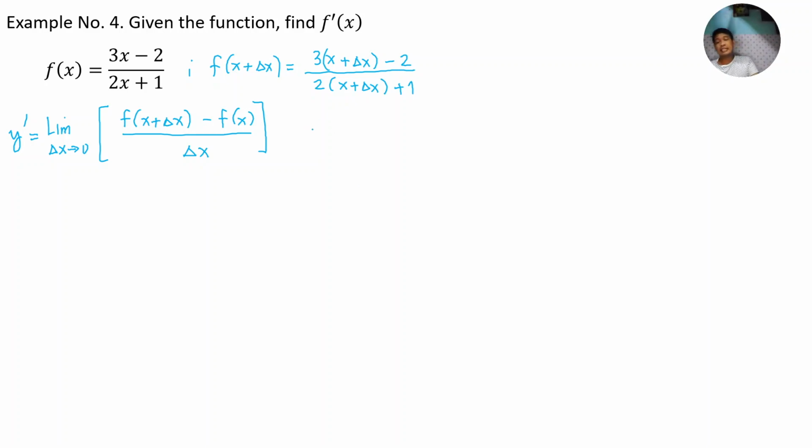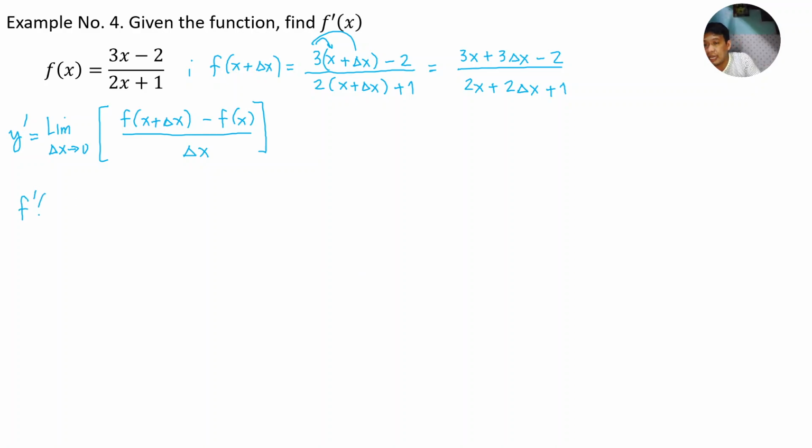That's 3 times x plus delta x minus 2, which is equal to 3x plus 3 delta x minus 2, if you distribute this 3 inside. And so with the denominator, 2 gives us 2x plus 2 delta x plus 1.